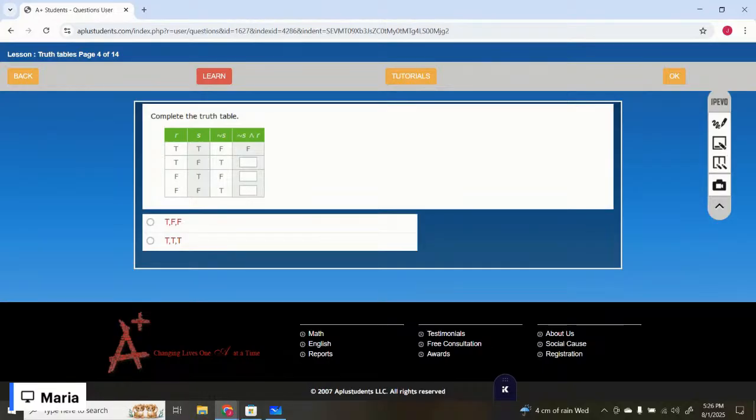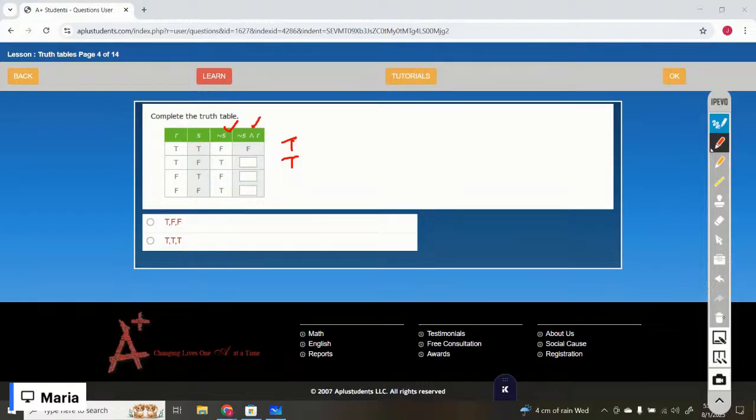Complete the truth table. Negation of S and R. So true, true, true. False, false, false.